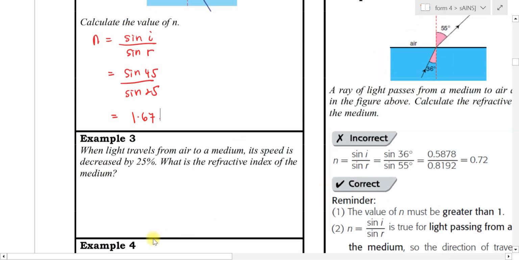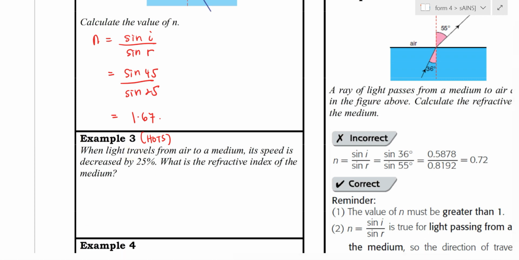Now, how do you do this question? When light travels from air to a medium, its speed is decreased by 25%. What is the refractive index of the medium?